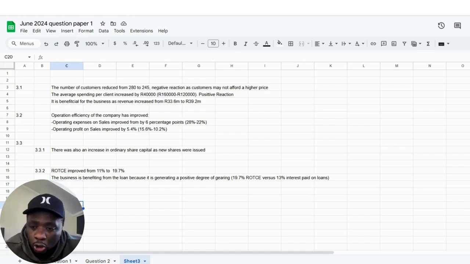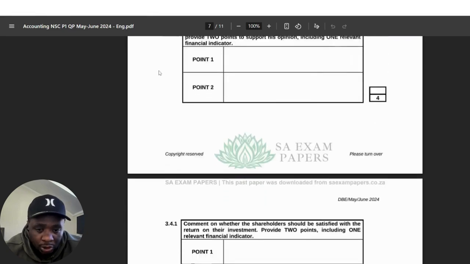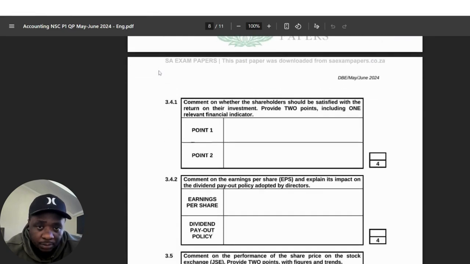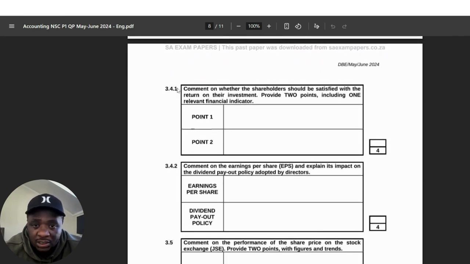Now let's move on to question 3.4. So 3.4, let's get to that. It says comment on whether the shareholders should be satisfied with their return on the investment. Provide 2 points, including one relevant financial indicator.